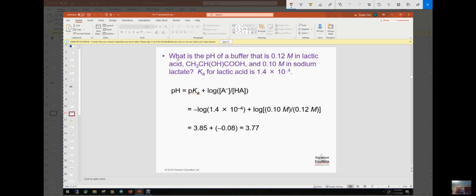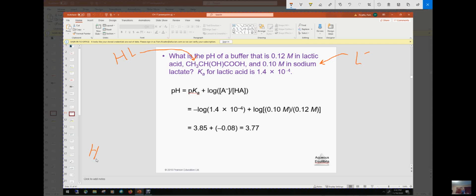Okay, so this guy, we're going to abbreviate HL. The L is for lactic, for lactate. So there is the HL, and this guy, the sodium lactate, is going to be L minus. So what's our equilibrium?